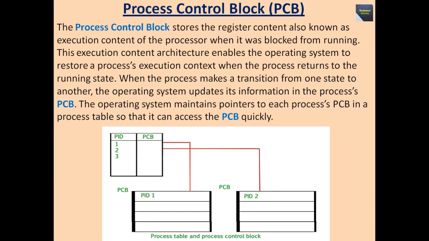Okay. In an operating system, we have a number of processes present in it. Each process has some information that is needed by the CPU for the execution of the process. So we need some kind of data structure to store information about the particular processes. Okay. Each process being managed by an operating system is represented by a dedicated data structure referred to as the process control block or PCB.